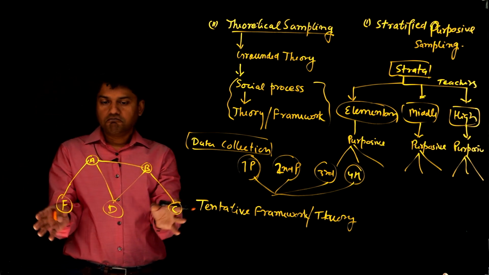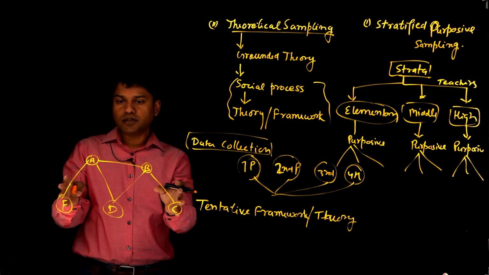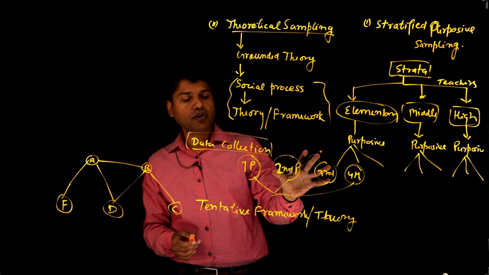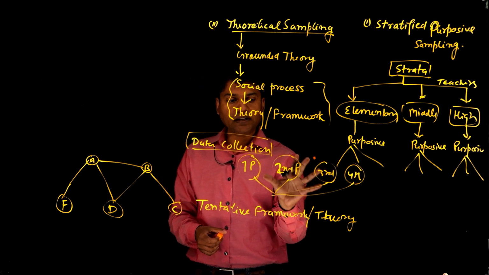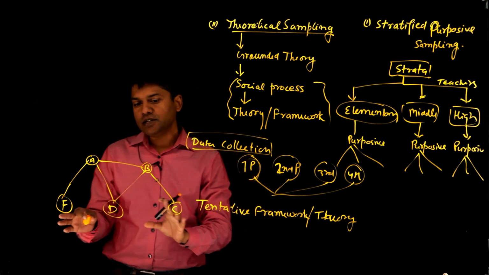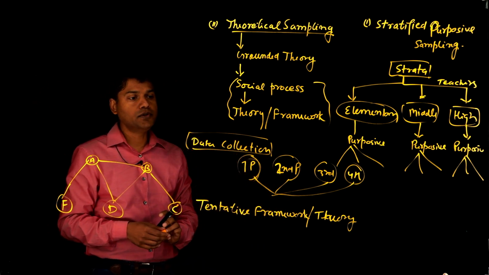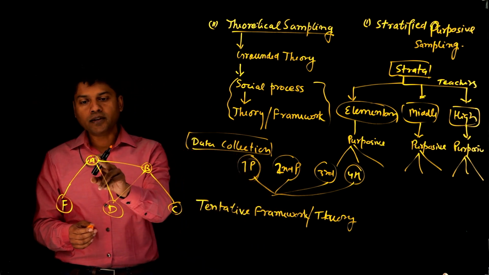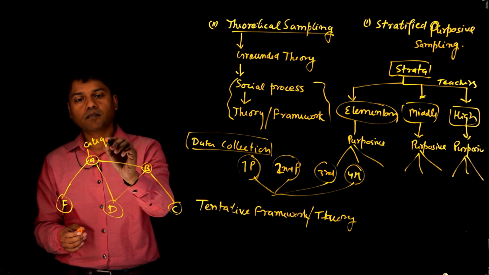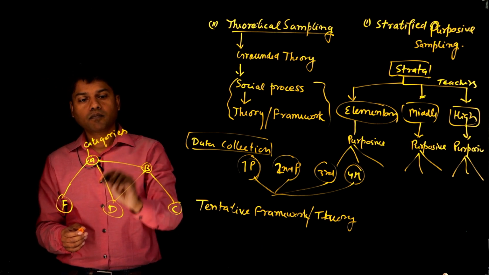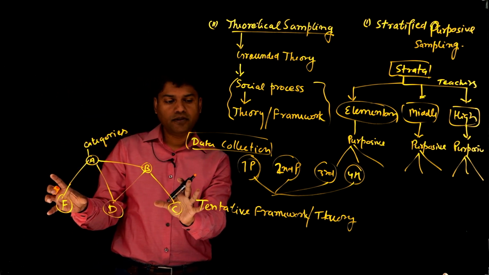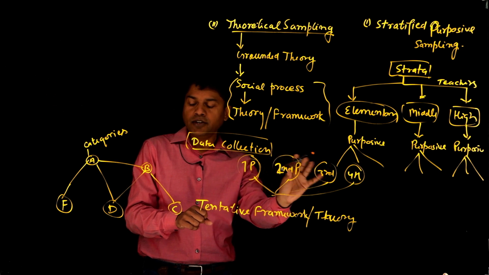So let's say you are developing a social process, a framework, and based on your initial first few interviews, you develop a tentative framework. Now these are your various categories. Now for each category, you have a tentative theory based on your initial interviews.